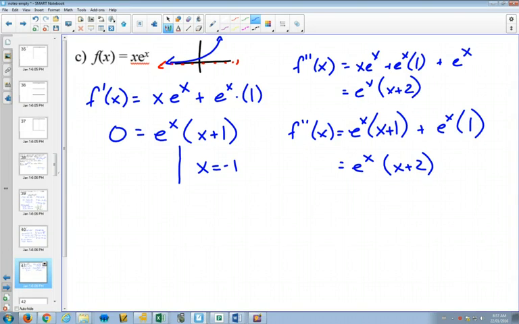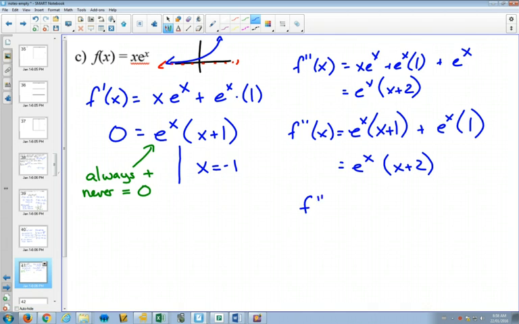So this value here, e to the x, couple things. First of all, it's always positive, and it never equals 0. So our only stationary point is going to be at -1.